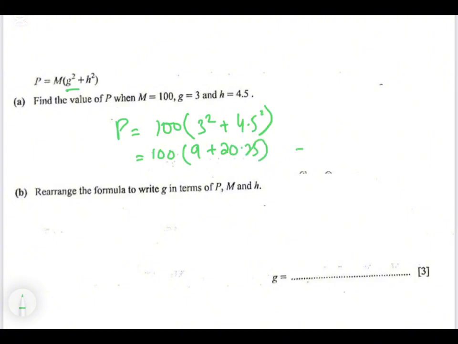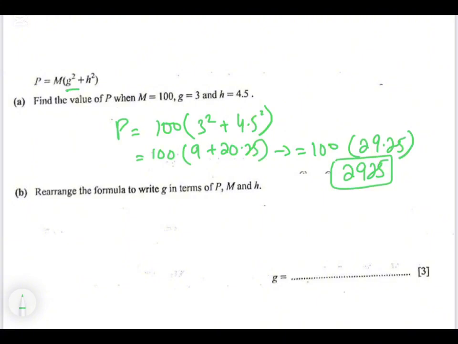When we add 9 and 20.25, this will become 29.25. So 29.25 multiplied by 100 will give us 2925. That's it. So we have done how to multiply decimal numbers and how to solve these types of questions. I hope you have gone through that video.